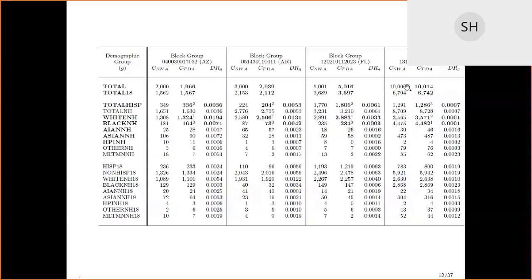In the next group, which is in Georgia, now this is 10,000 in population. The top-down algorithm says 10,014. The largest demographic group is black non-Hispanic, and the count there under the top-down algorithm is 4482, and the swapping 4475. The difference in ratios is 0.001.